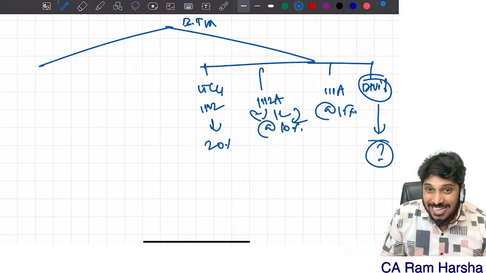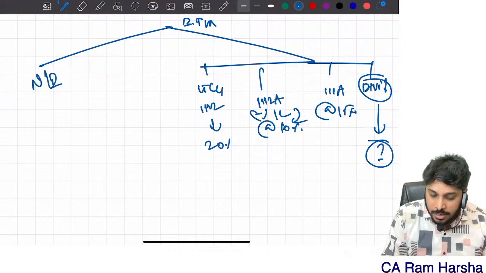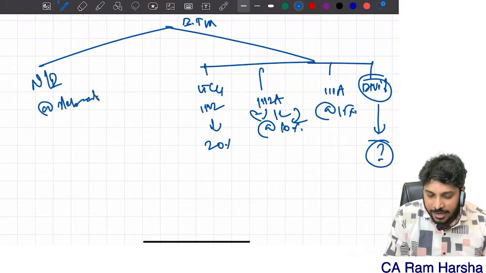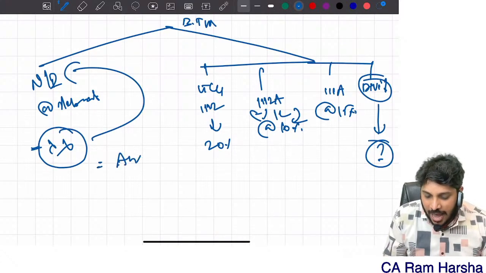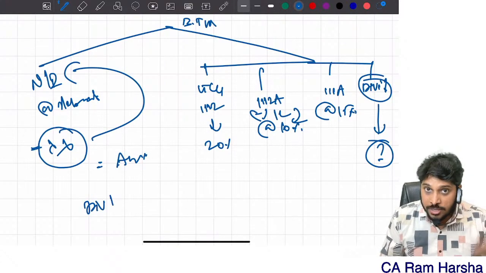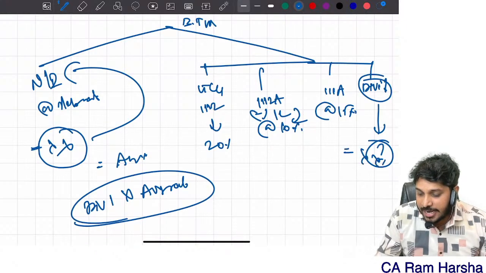Dividend, what is the tax amount? Generally you compute the tax rate. All normal incomes you compute at slab rate, right? You will get some tax. This tax divided by normal income gives the average rate. The dividend income in the question, multiplied by the average rate, gives the dividend related tax.